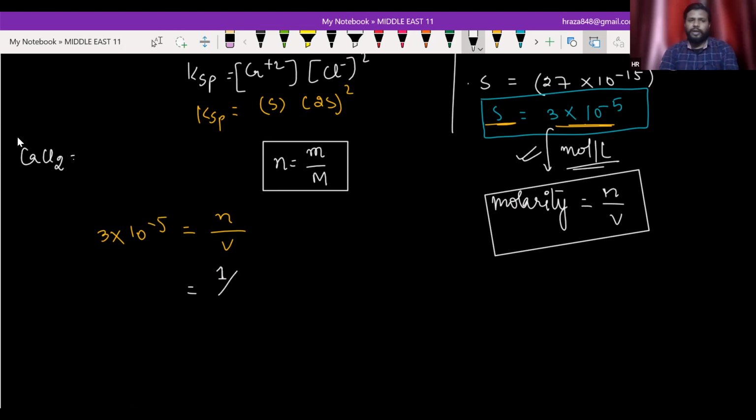The atomic mass of calcium is 40, and the atomic mass of chlorine is 35.5, so 35.5 into 2. When you add it up, it will be 111. So we divide 1 by 111, divided by volume.